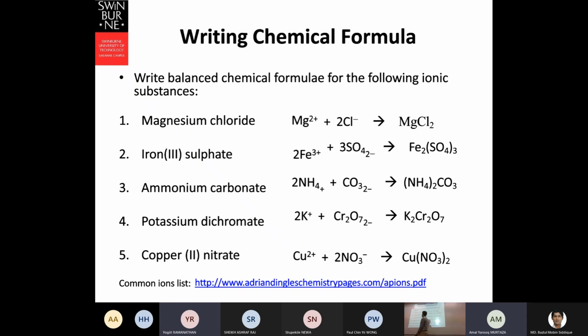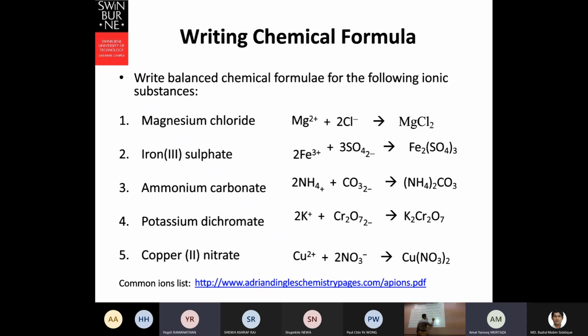So magnesium chloride, iron sulfate, and these are the... Oh, it's broken because it's from the web I'm showing. What's the problem here? Yes. Good. So it should be like this. It is not here. It should be like this.